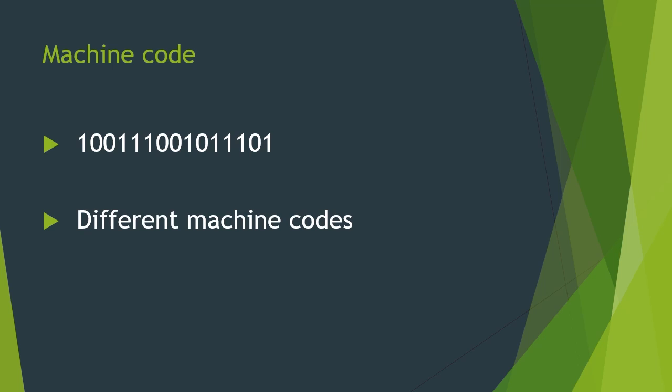So yeah, all brands of computers have different machine codes, so they take in machine code and do different stuff with it. And this is why the compiler makes your code into assembly code, because then the computer knows how to interpret the assembly code.